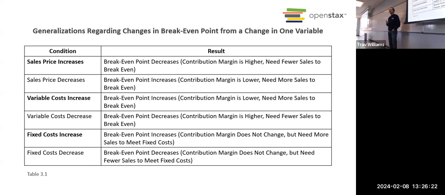Harder, right? When costs go up, that means you've got less contribution margin. What about fixed costs? If your fixed costs go up, will it be harder or easier to reach break even? Also harder, because you've got a higher fixed cost to divide that contribution margin per unit into.